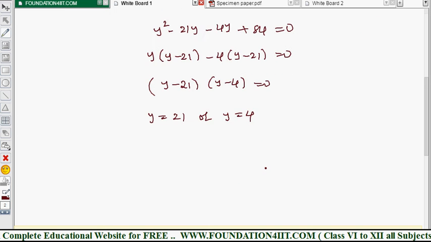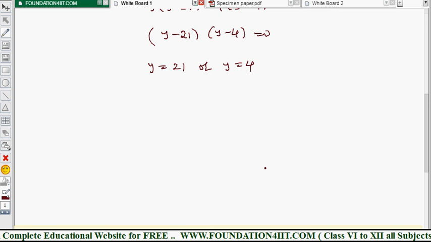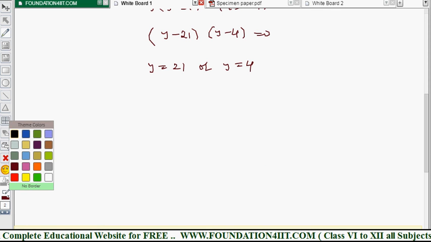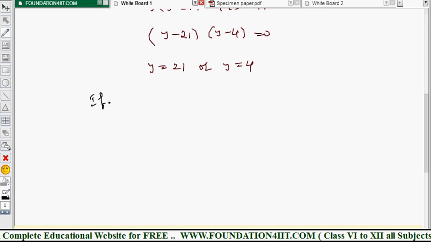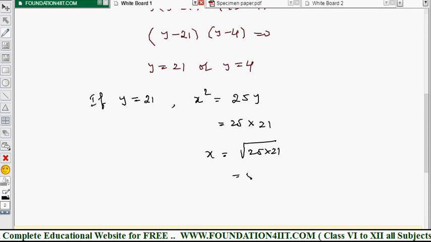So if you take the two answers, if y is equal to 21, then the condition is x square is equal to 25y. That means 25 into 21. So x is equal to the square root of 25 into 21, which is 5 root 21.